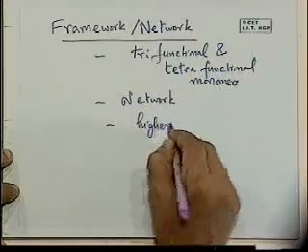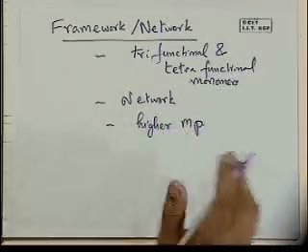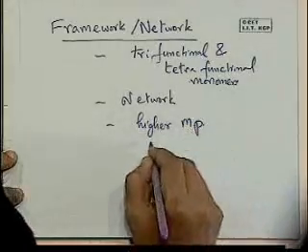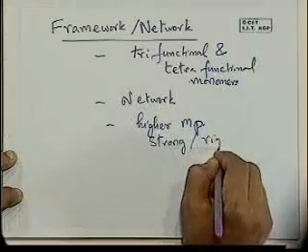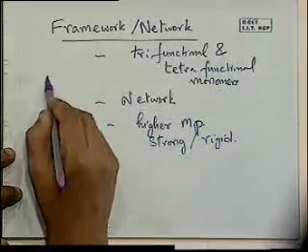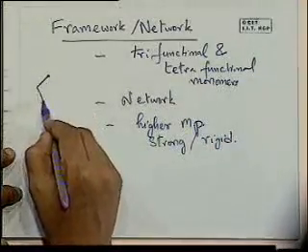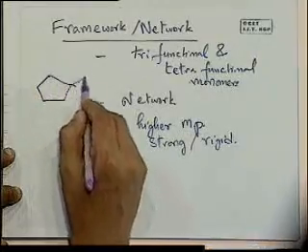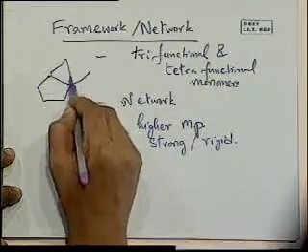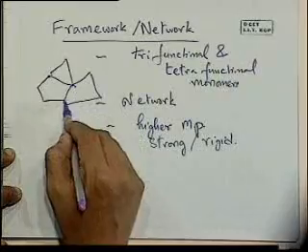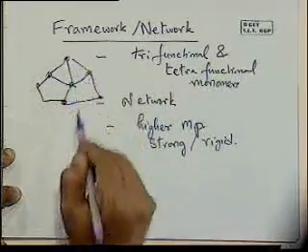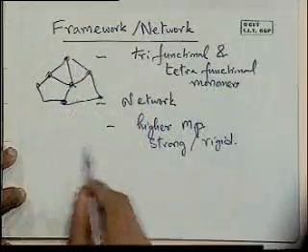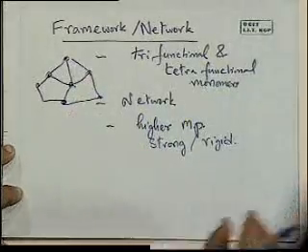You have to break a lot more bonds for this thing to move. So it's got a higher melting point, it's stronger, more rigid, and so it may look something like this. I'm just going to draw some arbitrary network. There's a three-dimensional network, and that's what makes it strong and rigid.